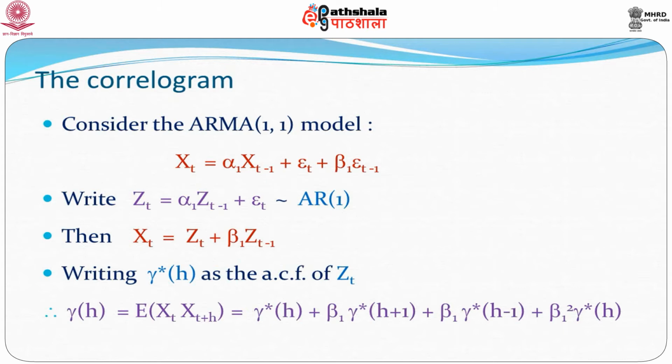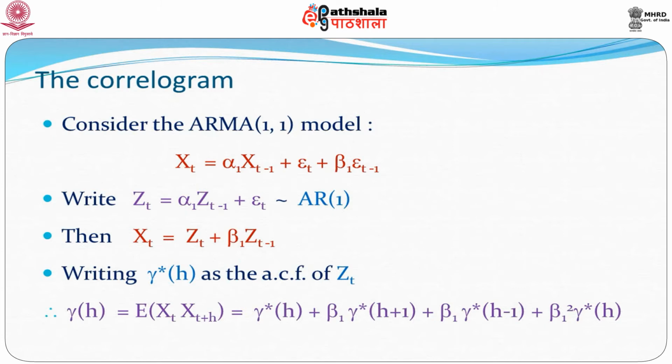And then we take the expectations with respect to the z variables now, and we will end up with gamma star h plus beta 1 gamma star h plus 1 plus beta 1 gamma star h minus 1 and beta 1 square gamma star h.